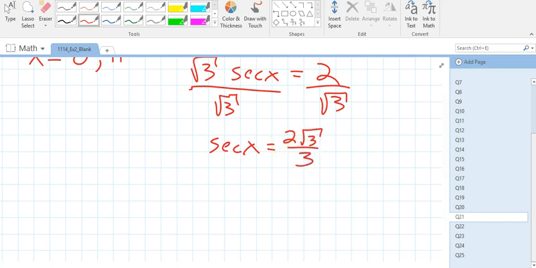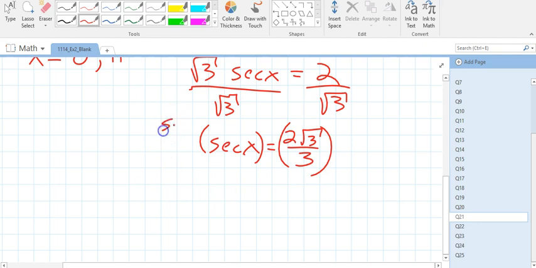Okay. So in order to solve for x, we do what? Take the inverse. So again, we always ask ourselves, is 2 square root of 3 over 3 in the domain for the secant inverse? Yes, it is. So that means we can definitely do the inverse.